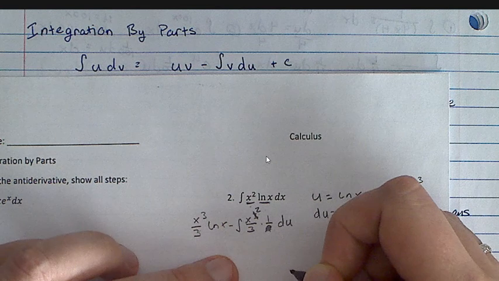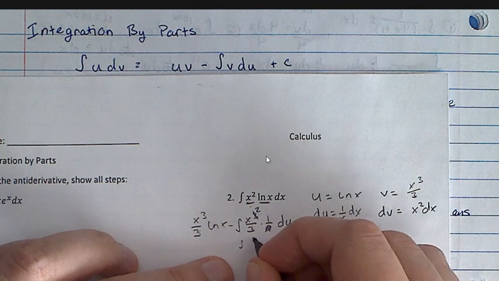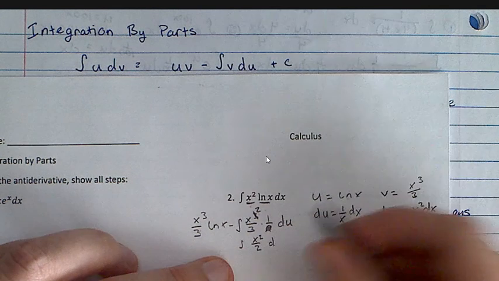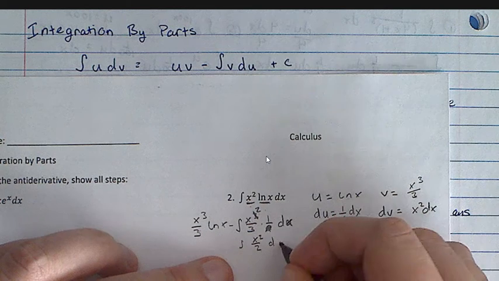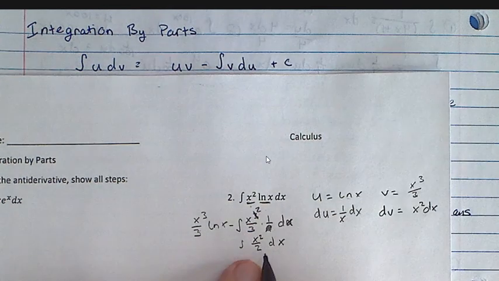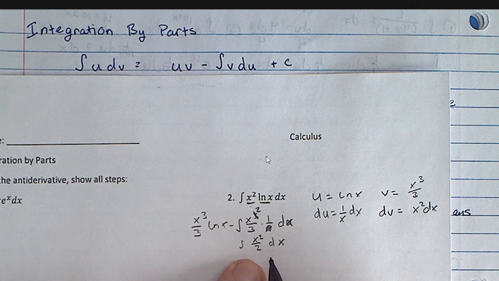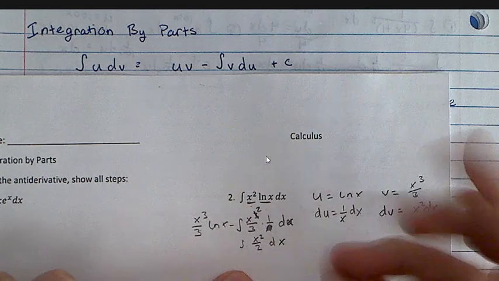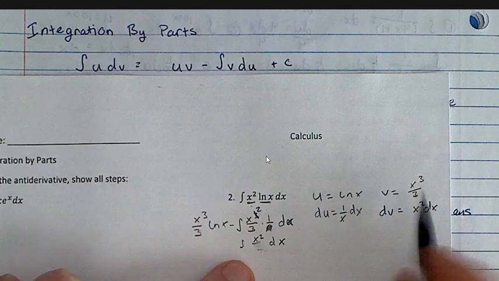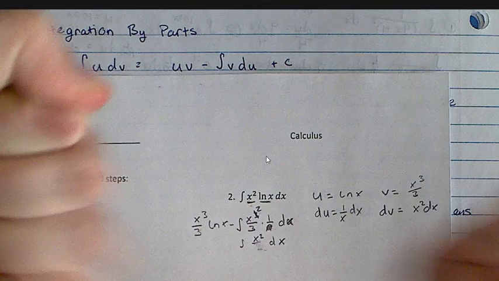So I'm left with just the integral of x squared over 3 dx. And this shouldn't be du, this should be dx, sorry. Now, I can actually just plain integrate this, can't I? And so I just put it all together.